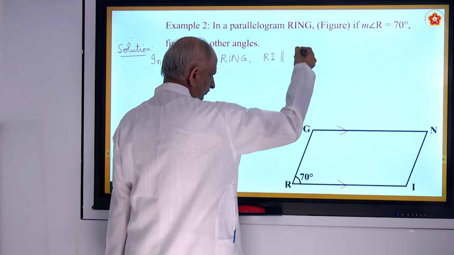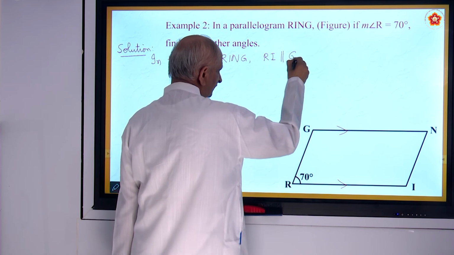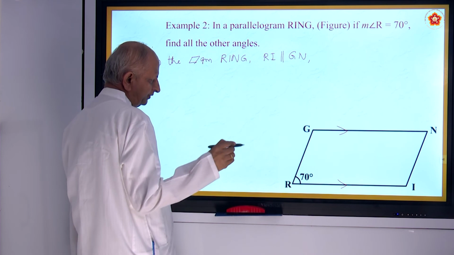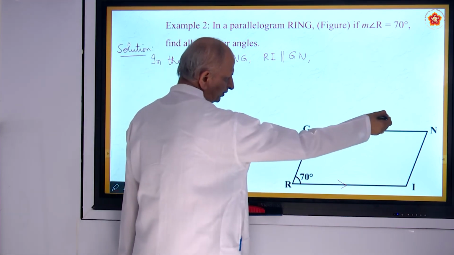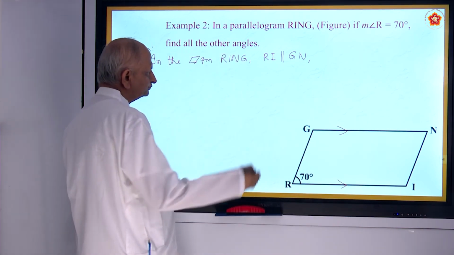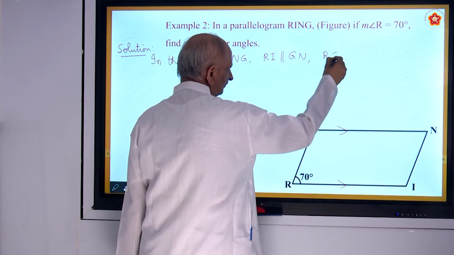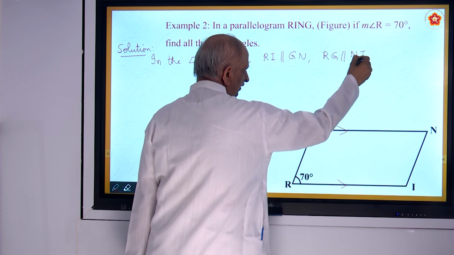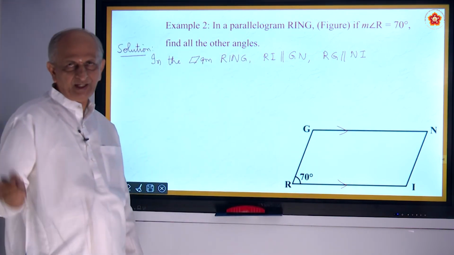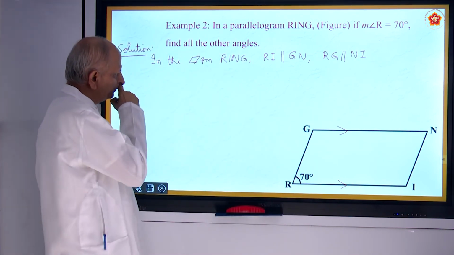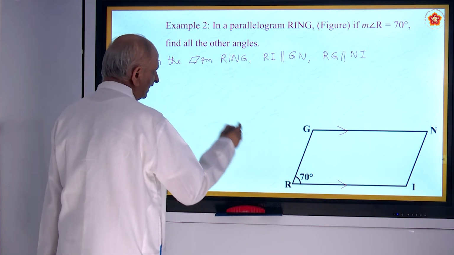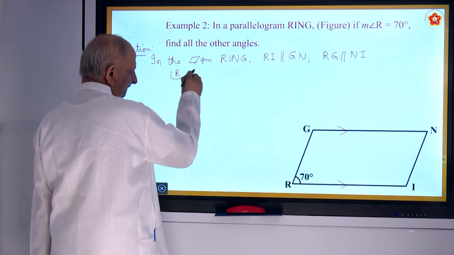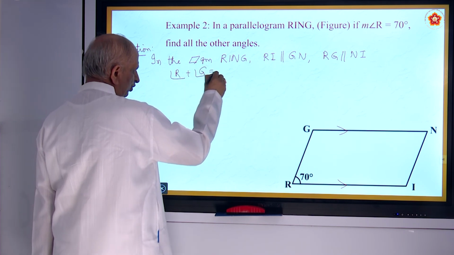Also you have RG is parallel to NI. They are not only parallel, they will be equal also. So, here angle R is given, angle R plus angle G is equal to 180 degrees.